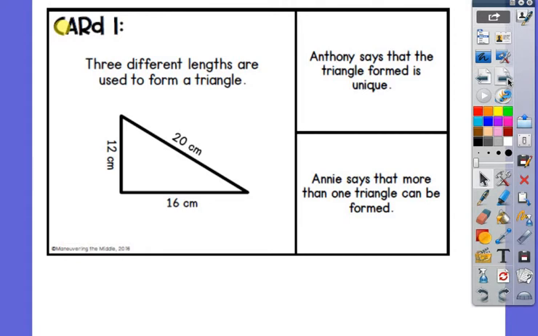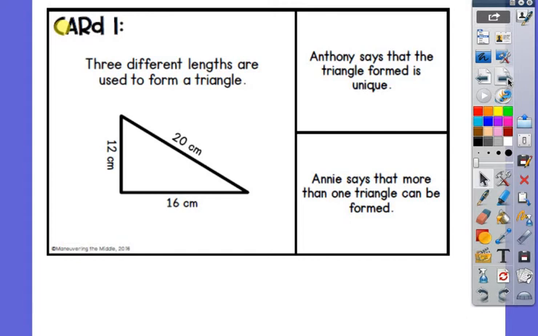Annie says that more than one triangle can be formed from those lengths. Is Anthony or Annie correct? Am I talking about side lengths or angles here? Side lengths. And side lengths can form one or none.